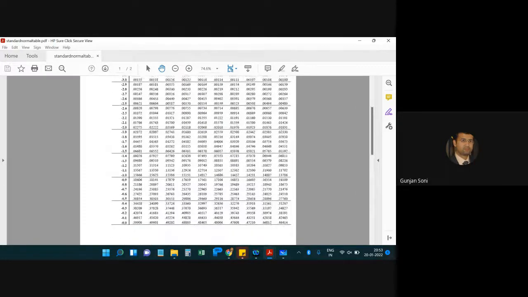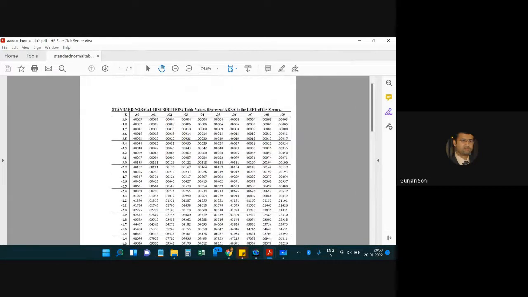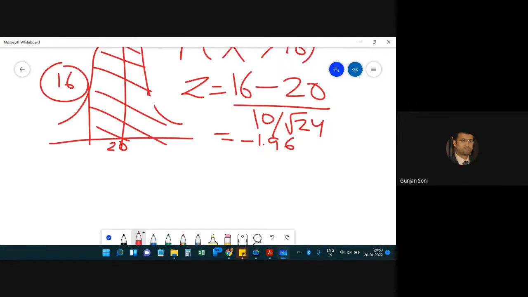Corresponding to minus 1.96, over here, 1.9 and 6, it is 0.025. So the area given in the table is from left to right, which is 0.025.